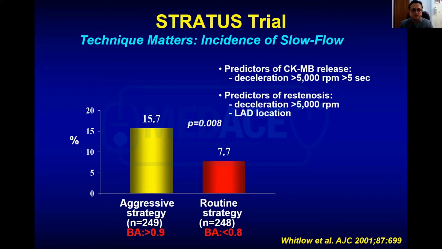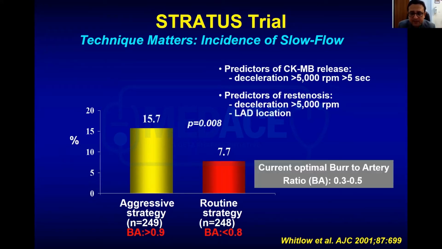And what they found was significantly higher incidence of slow flow in patients where you were using a bigger burr. Again, predictors of CKMB release, they found the most prominent predictor was deceleration more than 5,000 RPM for more than 5 seconds. And then predictors of restenosis afterwards was deceleration of greater than 5,000 RPM in the polishing run. And then they found that LAD lesions were more prone to restenosis.